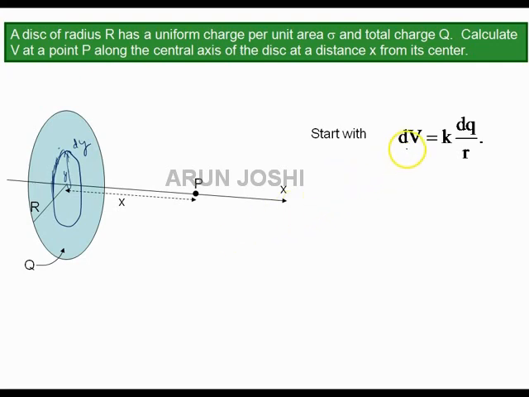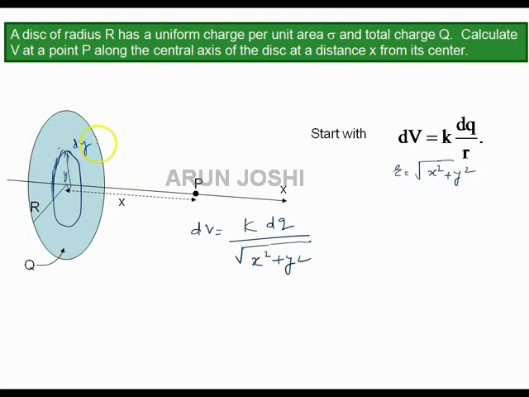Potential due to the elemental part is given by k dq by r. Here it is a ring, so r will be root x square plus y square. Each and every part of this elemental ring is at a distance r from the point P. So I am writing dV equal to k dq upon root x square plus y square.